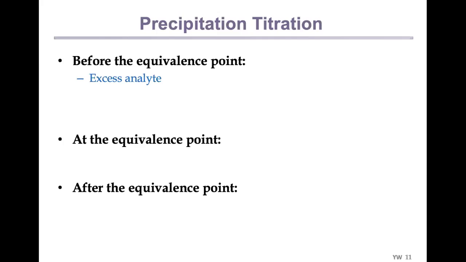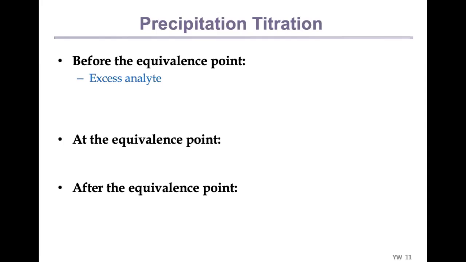titrant, right? And for precipitation titration, we normally will be using the potentiometric method to monitor the concentration of the titrant in your solution so that you can figure out where the equivalence point is.